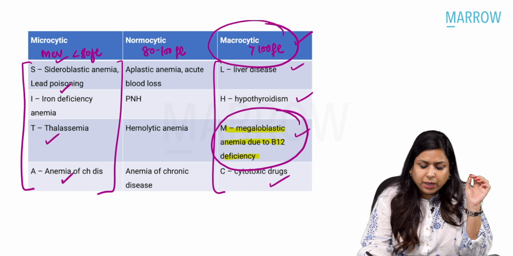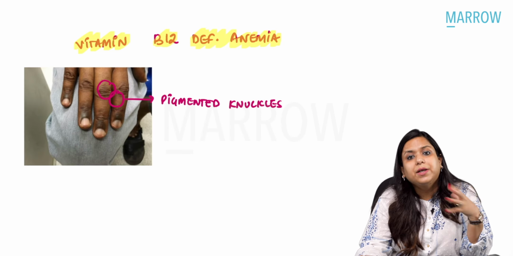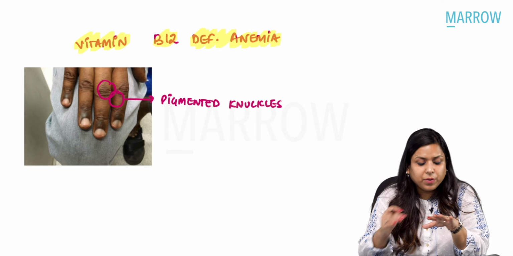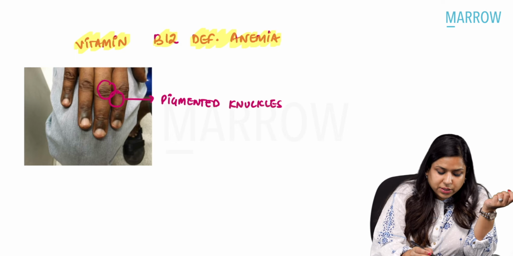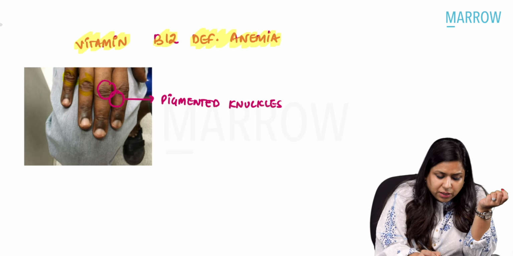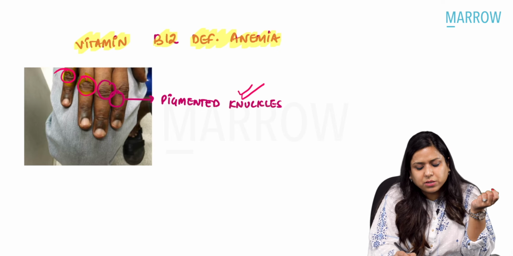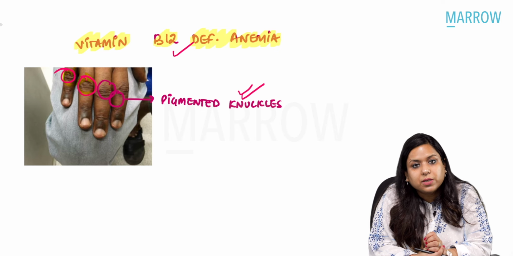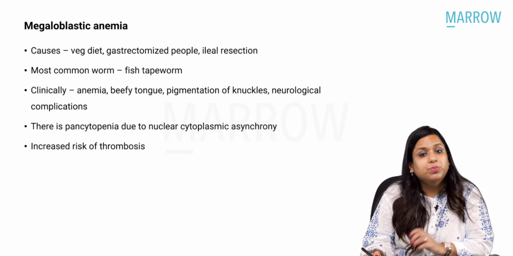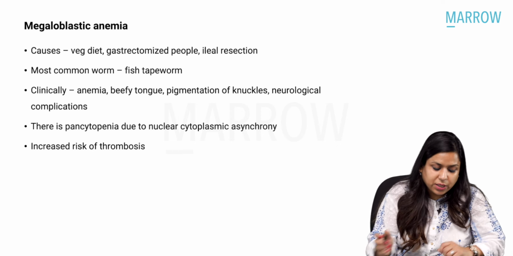Now, in one of the INI-CET exams, students, this image was given regarding megaloblastic anemia. There were pigmented knuckles. In this picture, can you appreciate the knuckles here? See the knuckles which are here, they are pigmented. So, pigmented knuckles are also seen in vitamin B12 deficiency, right? What are the other clues in a clinicopathologic scenario of B12 deficiency?